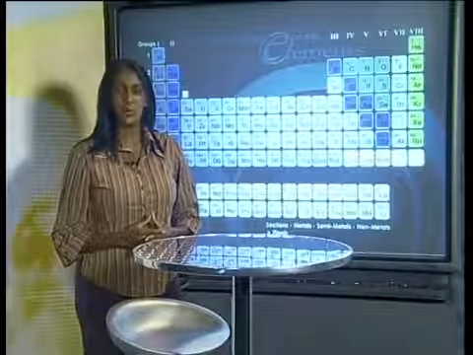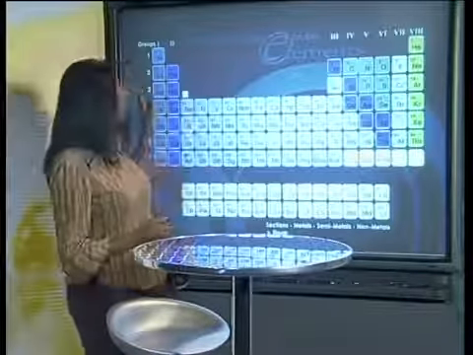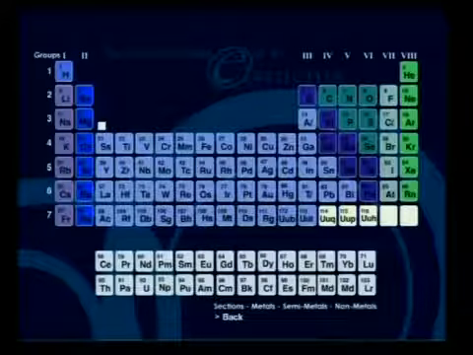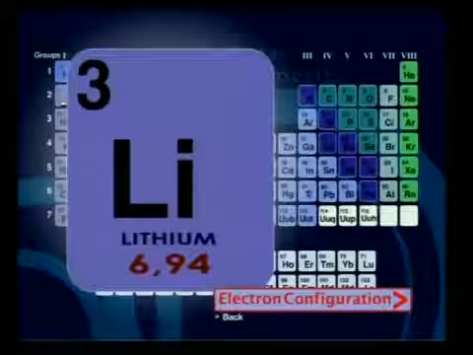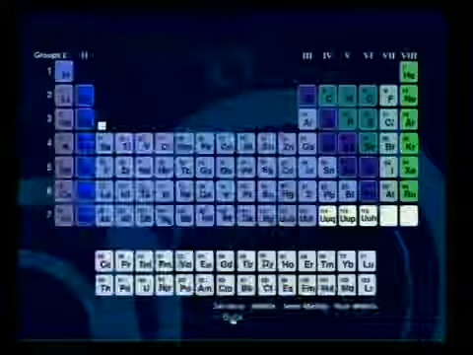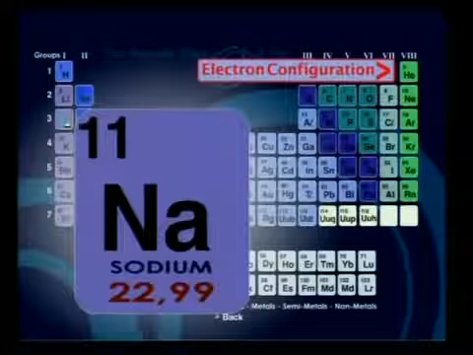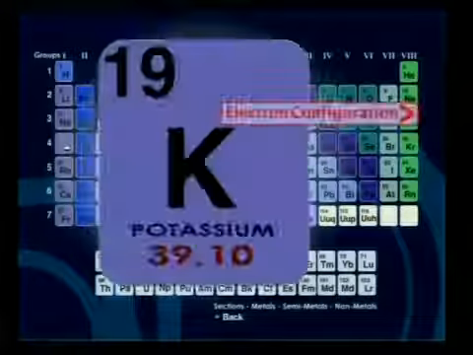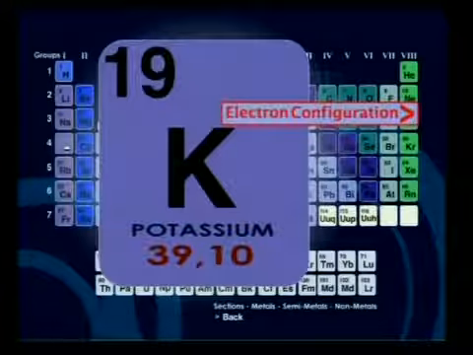In this lesson, we will be focusing on the reactions of the group 1 or alkali metals. From the group 1 metals, we will use lithium, sodium, and potassium in our experiments.